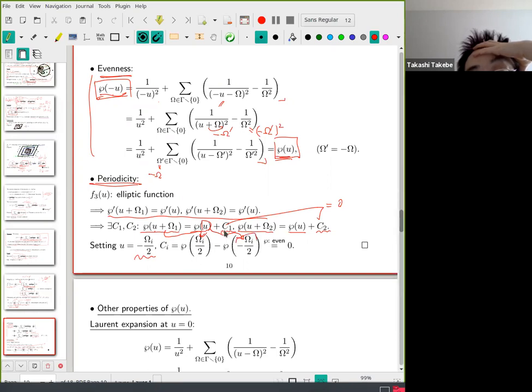And C1 and C2 are differences of these values of P functions, but we know that P is even, so they are equal, which means that Ci is 0, namely it is periodic.